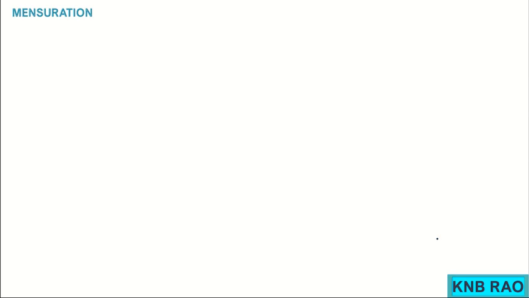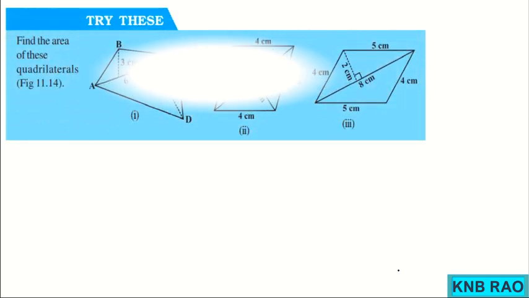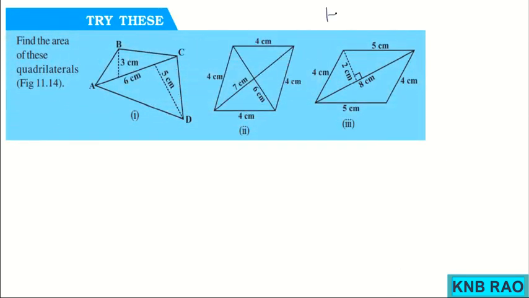Now, here I am giving you homework, children. I will wind up this session by giving homework. Here is the try this. So, note it down as homework. Find the area of these quadrilaterals, quadrilateral 1, 2, 3.